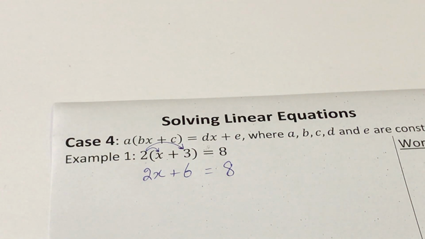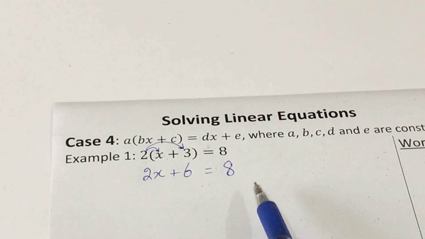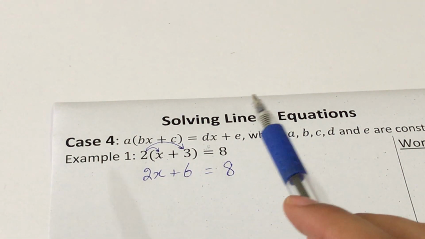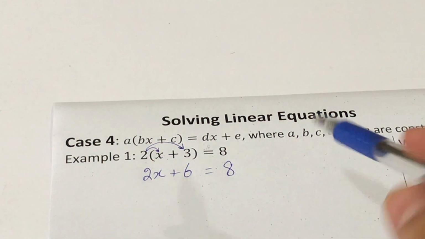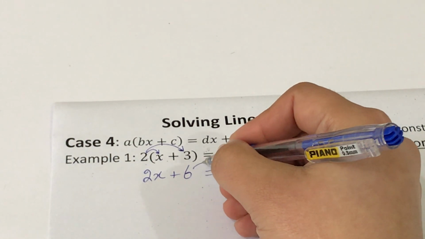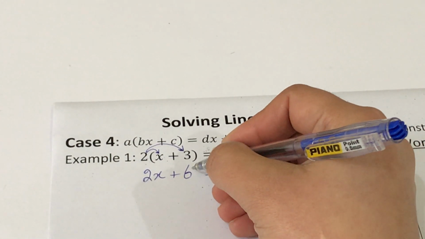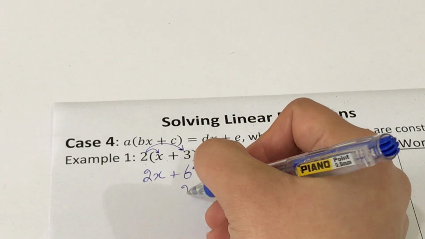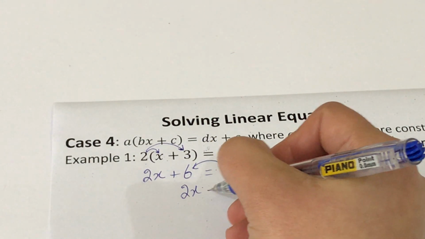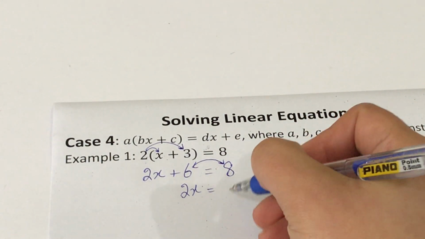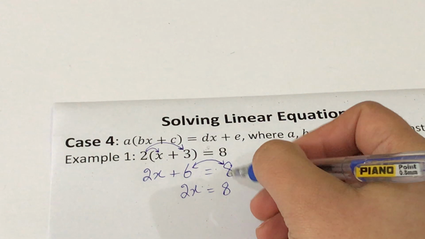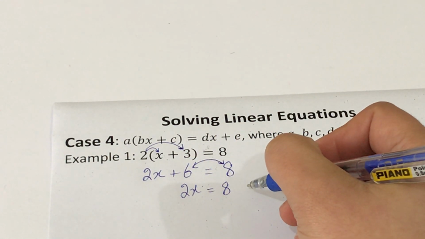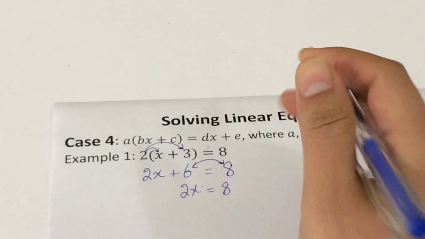The next thing we have to do, as we were doing previously, is combine the like terms. You can see we have only 3 terms involved, so we will have only one pair of like terms, and that pair is 6 and 8. Keep 2x on your left hand side, and 8 as it is, and then shift your constant term 6 to your right hand side.